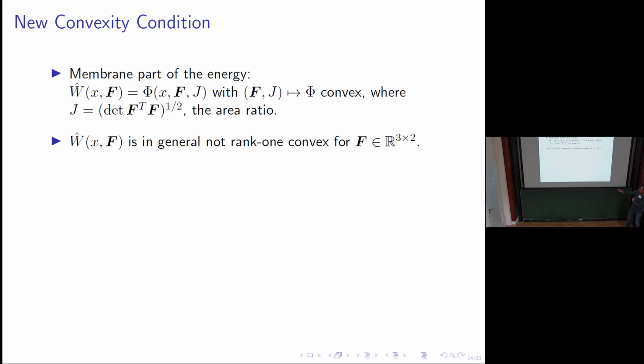So if W equals phi, which is convex in these two arguments, then W in general is not even rank 1 convex.